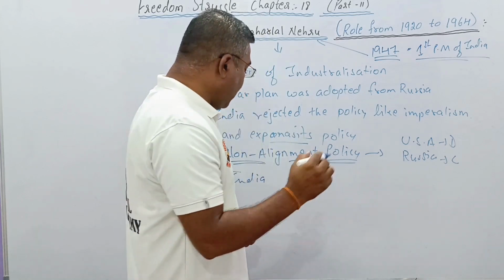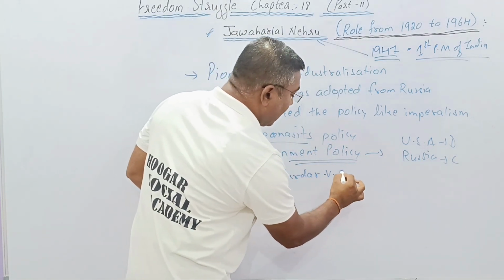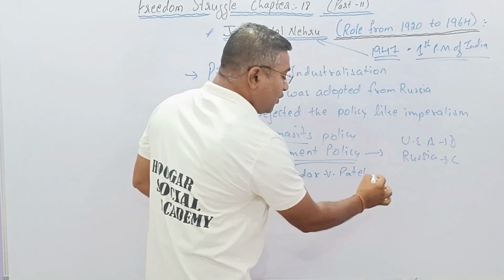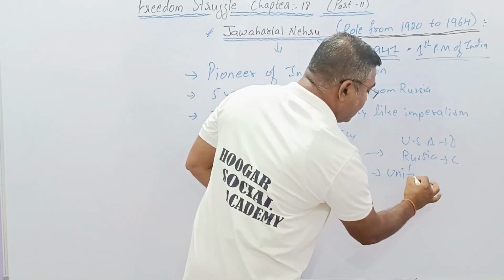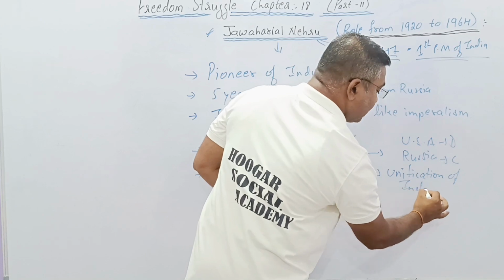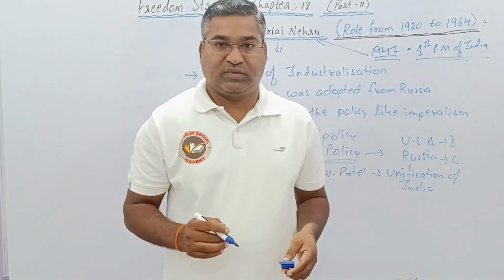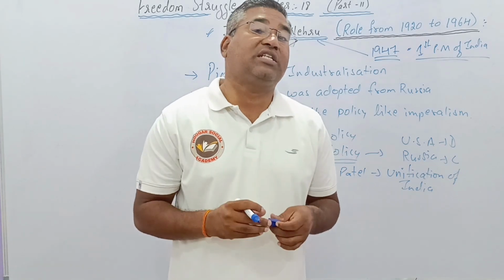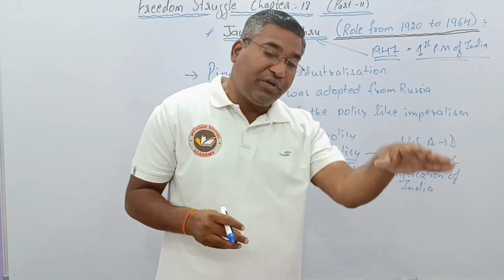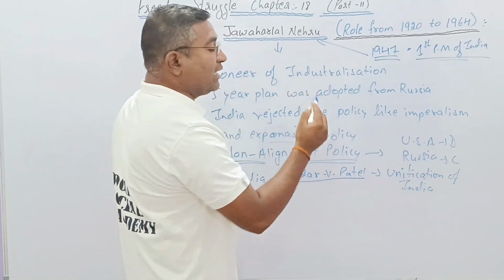And this was done with the help of Sardar Vallabhbhai Patel, who was responsible for the unification of India. India was scattered; there were 562 princely states, which were unified under the leadership of Sardar Vallabhbhai Patel.